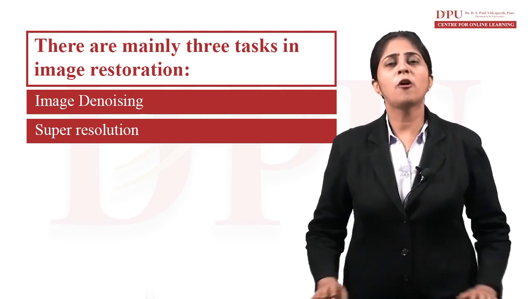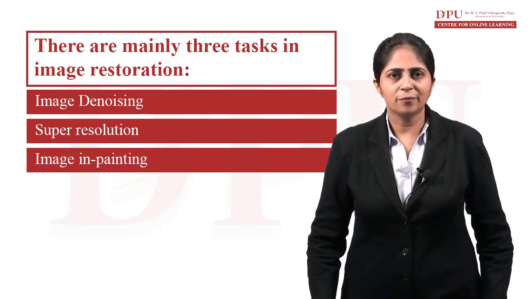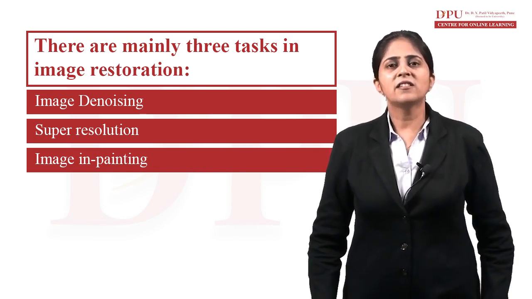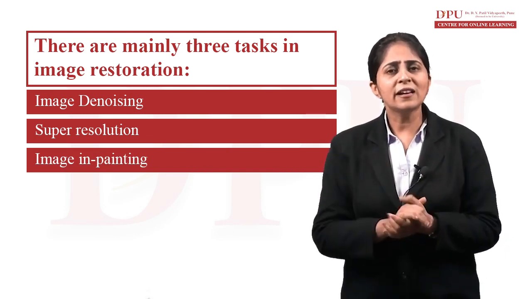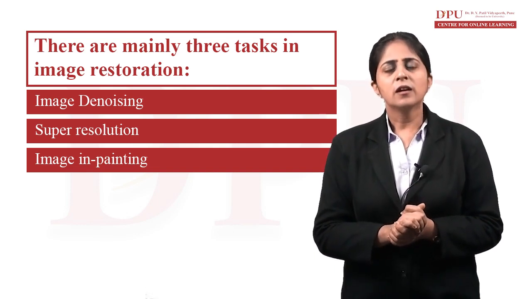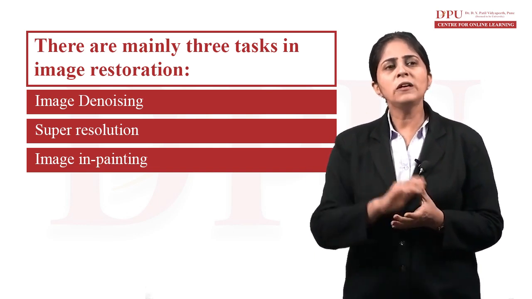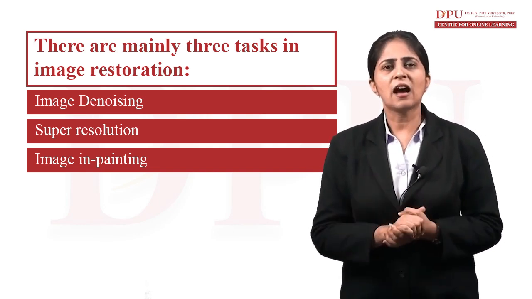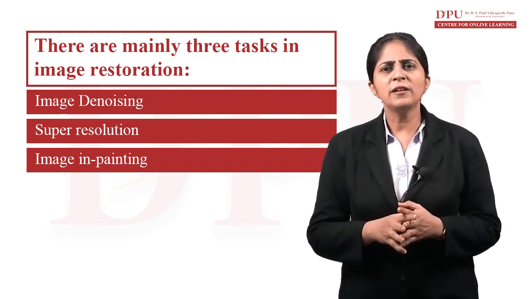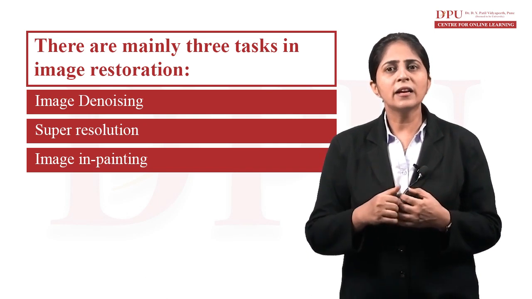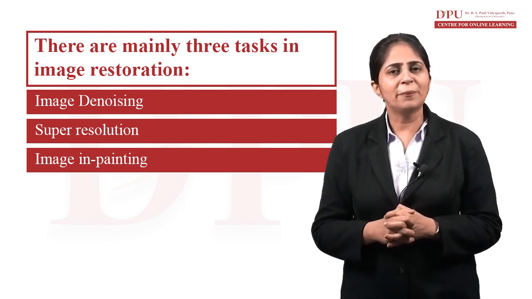The third task that should be performed during image restoration is image inpainting. Image inpainting is the process of reconstructing the deteriorated parts of images. There are some parts which have got deteriorated, and reconstructing them is the task of image inpainting. Inpainting is actually an ancient art that required humans to paint the deteriorated and lost portions of a painting.